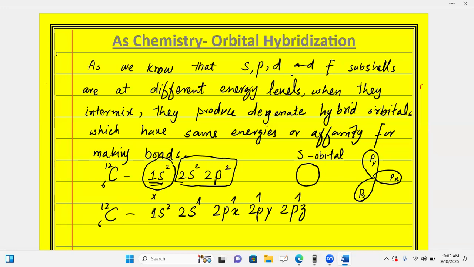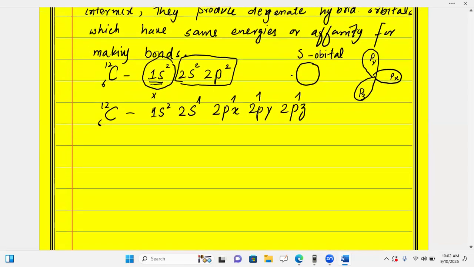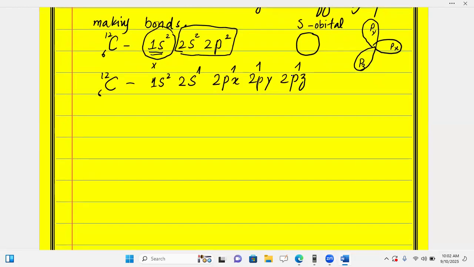Each orbital can contain a maximum of 2 electrons, but this does not happen in reality.